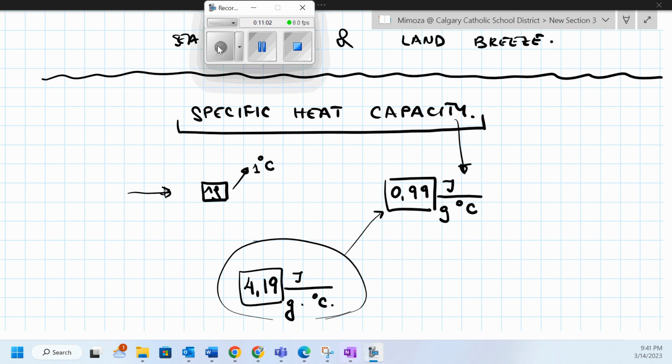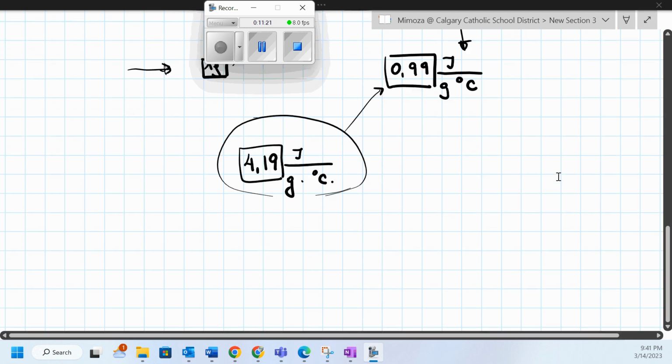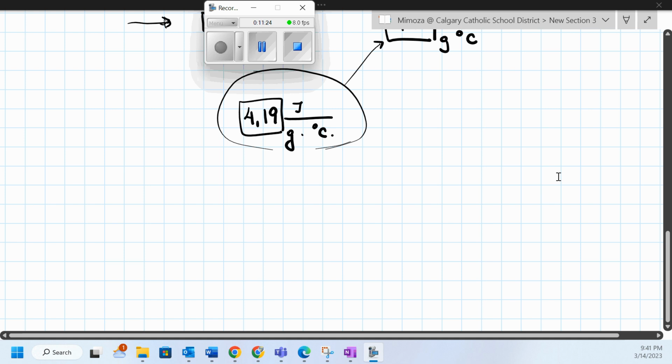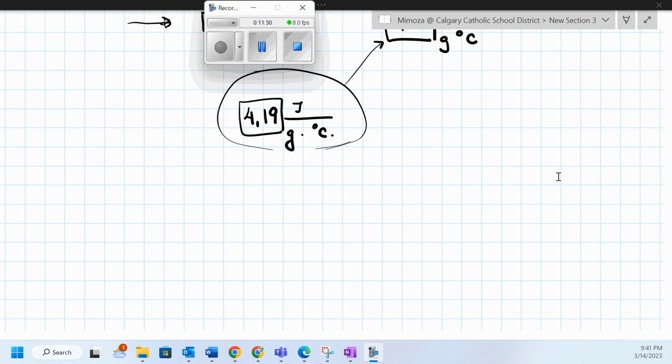In your textbook, in table 6.1, you have the specific heat capacity values for some common matter. You will see values like water is 4.19, as we mentioned, motor oil is 2, and vegetable oil is 1.19, and so on.